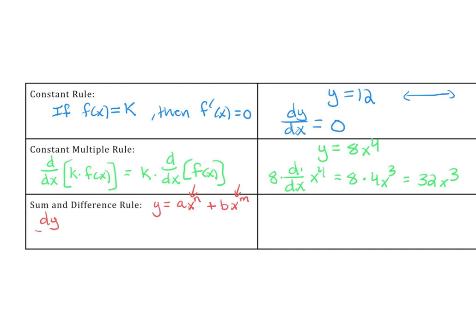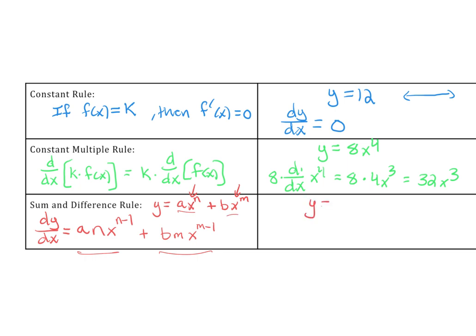The derivative is the constant a, bring down the exponent n, x to the power of n minus 1, plus b times, bring the exponent down, m, x to the power of m minus 1. That's just fancy math notation for saying you can take the derivative of the terms separately.